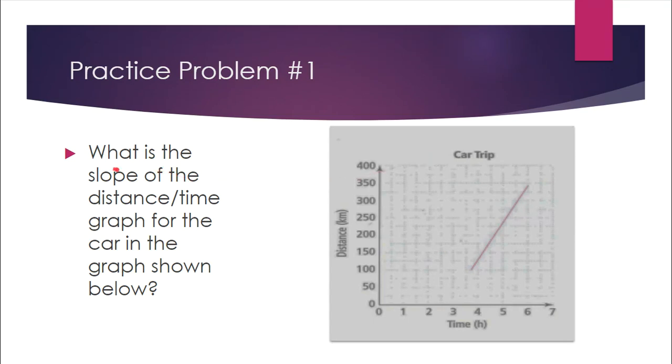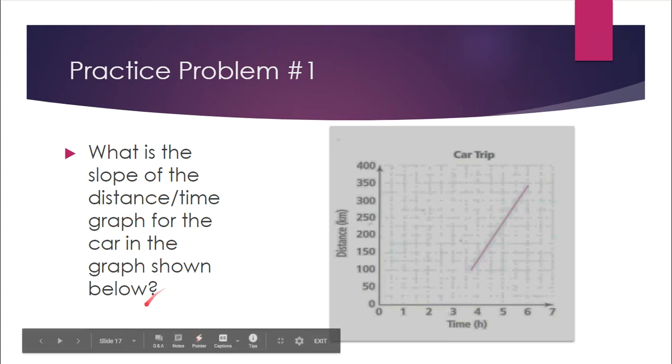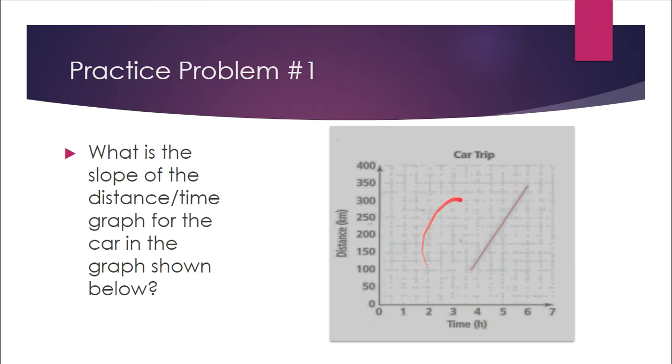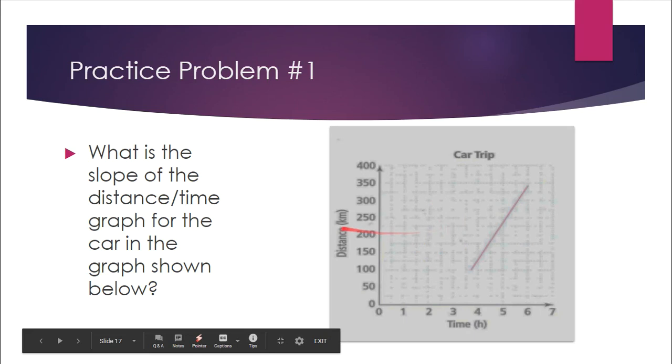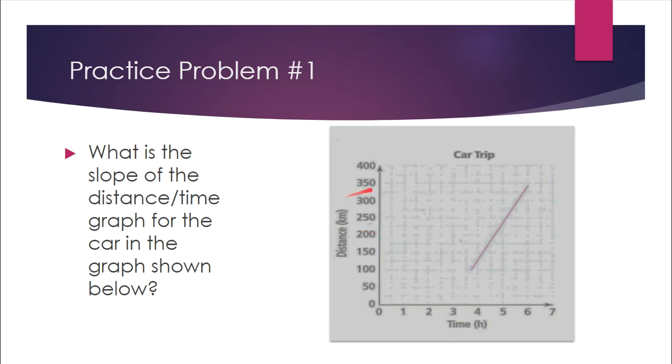What is the slope of the distance time graph for the car in the graph shown below? This graph is hard to see, so I'm going to get you to restart.